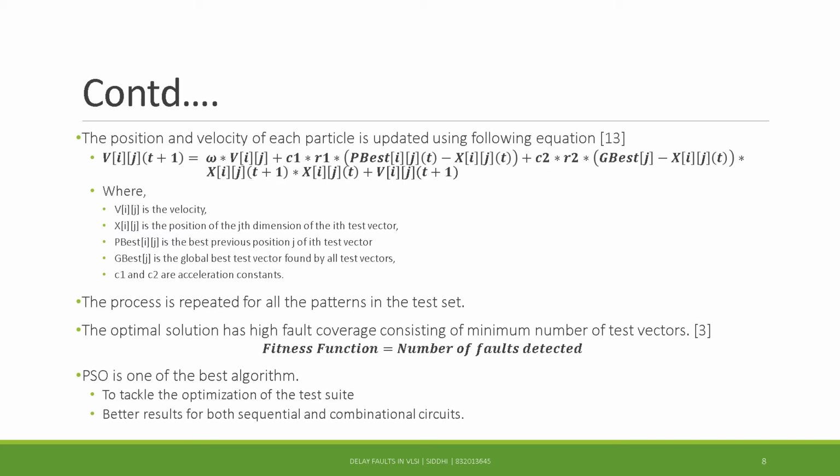This process is repeated for all the patterns in the test set. The optimum solution has high fault coverage consisting of a minimum number of test vectors. The fitness function for this methodology is equal to the number of faults detected.